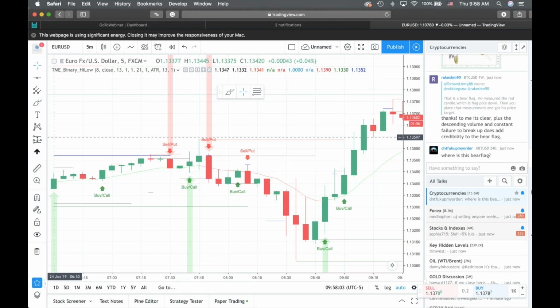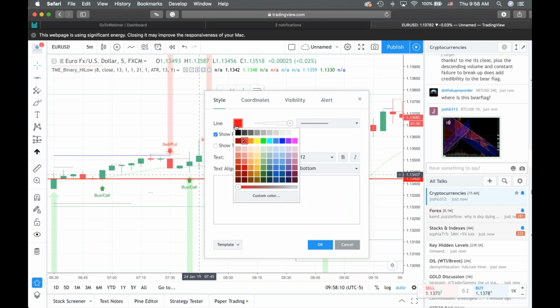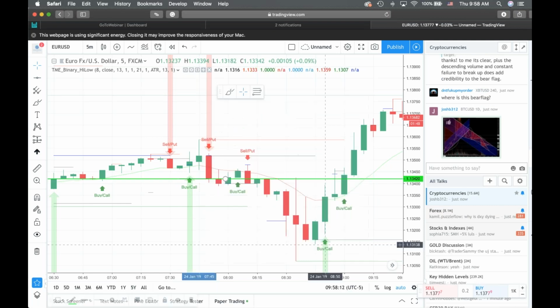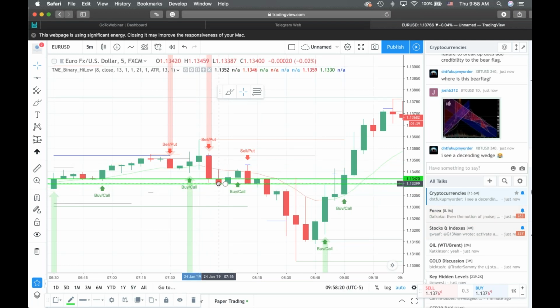The level is 420. Let's put it in green. So 420, and then the next one will probably be 410, or even 400.